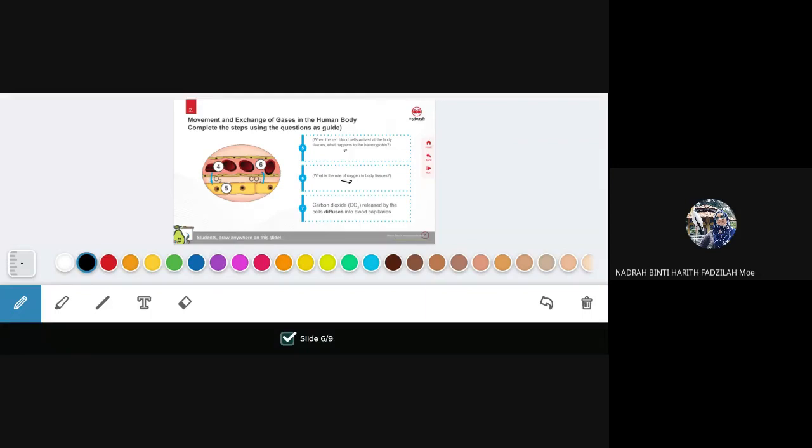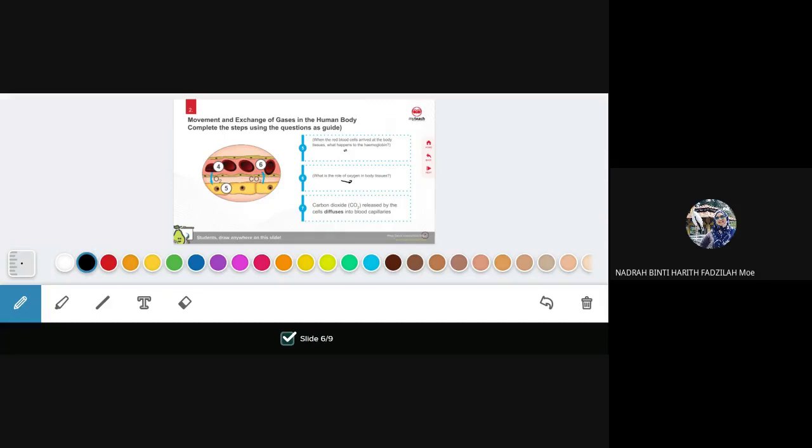When oxygen enters the body tissue atau oxygen enters each cell, oxygen will combine with glucose to form carbon dioxide, water and energy. So carbon dioxide and water is the waste material for this process.